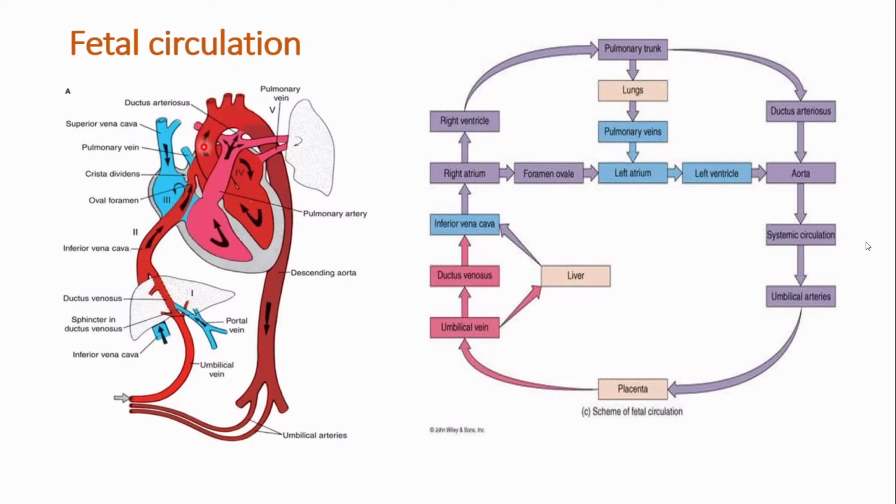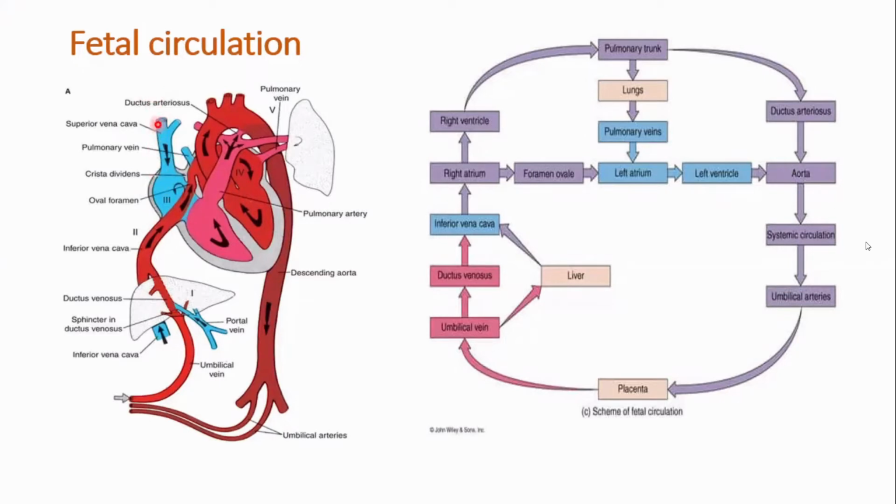Not a very oxygenated blood like in the case of neonatal circulation, but relatively less deoxygenated blood. So the head and neck, via the subclavian artery and brachiocephalic artery, will receive the blood.